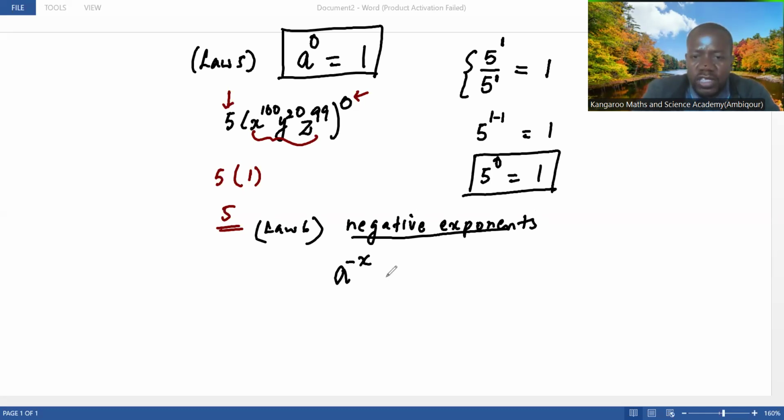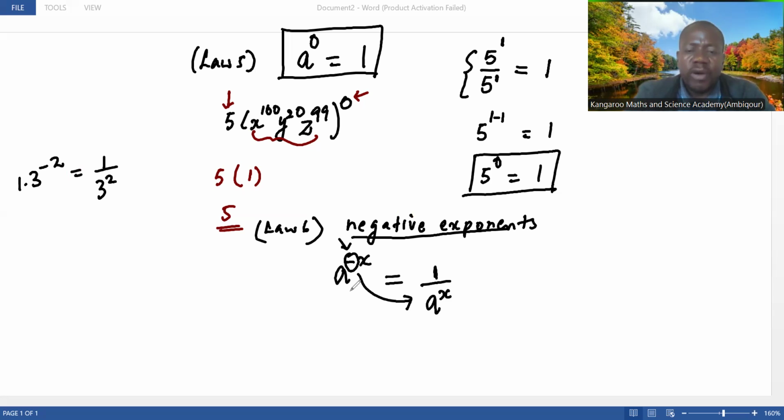According to the laws of exponents, a to the exponent of negative x is the same as 1 divided by a to the exponent of x. So to change the negative exponent, we need to take this expression to the denominator. So when we have 3 to the exponent of -2, it means already there's a 1 here, so this is the same as 1 divided by 3 to the power of 2. Why is this the case?